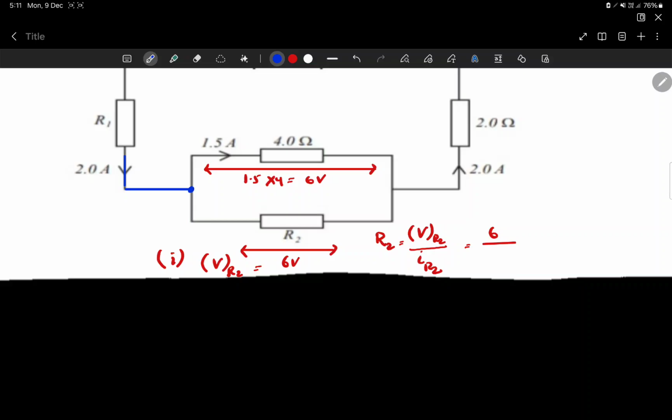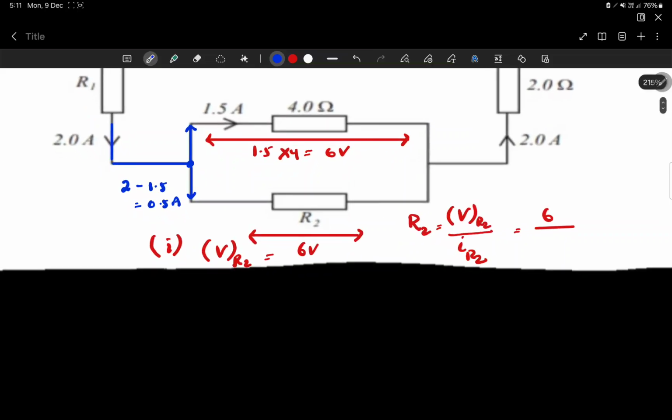At this junction point, this 2 ampere current gets divided into two paths. So in one path 1.5 ampere current is flowing. That means in the other path the remaining amount of current will flow. That means remaining amount of current is total current minus 1.5 ampere, that is your 0.5 ampere. So through R2 the amount of current that flows is 0.5 ampere.